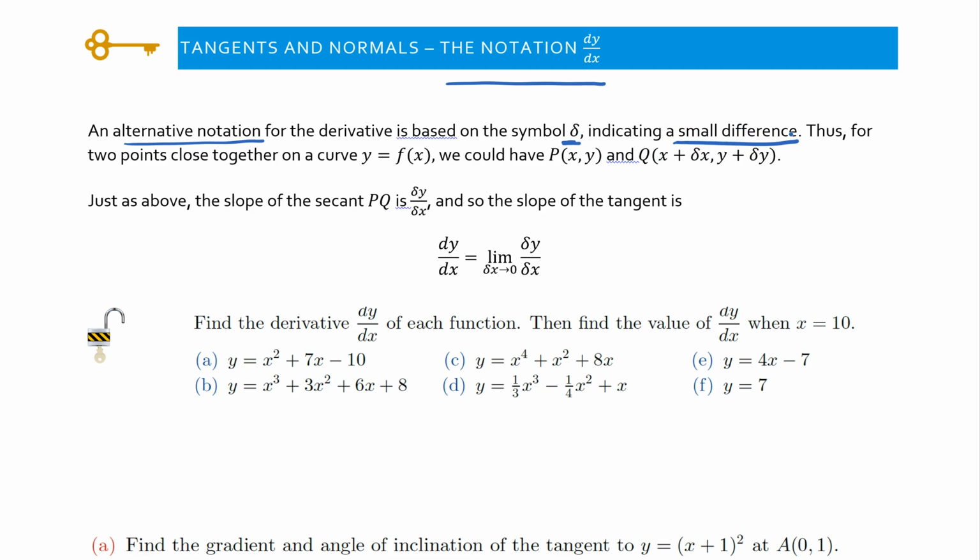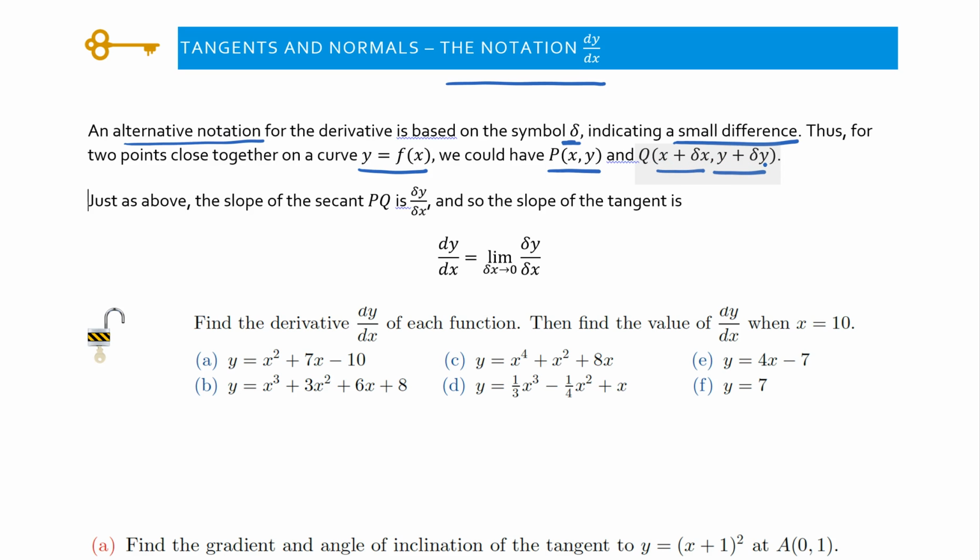So previously we talked about points on the curve y equals f of x as being P (x, f of x) and Q being (x plus h, f of x plus h). Now we're just going to literally call them x and y, and x plus a little bit and y plus a little bit.